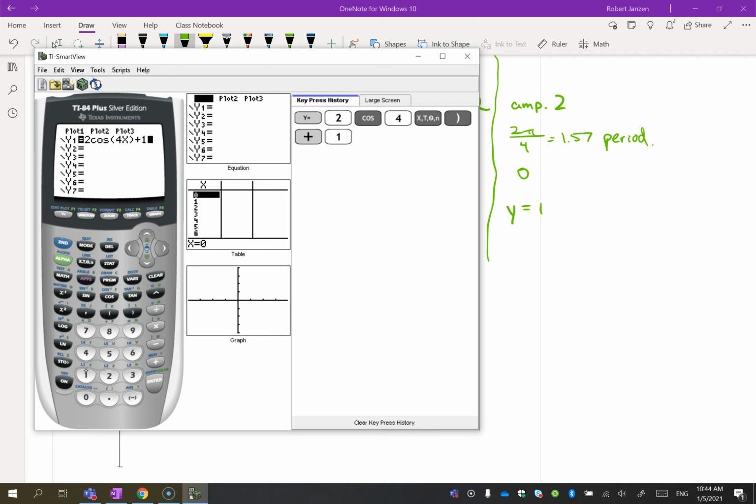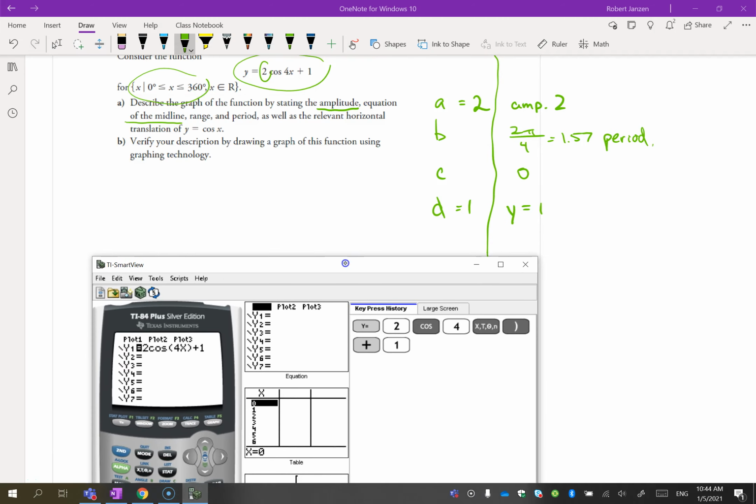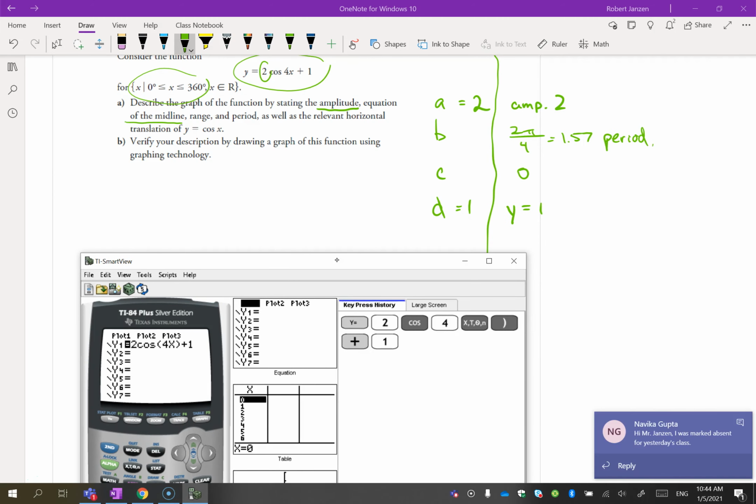And now notice that it's giving us this question. Oh shoot, I made a mistake. I made a mistake here. Let's just go back here for a second.